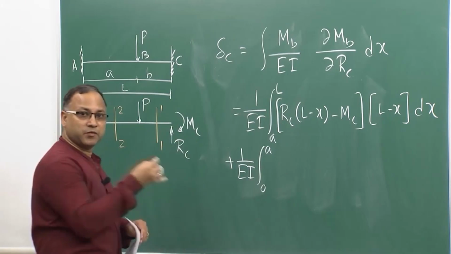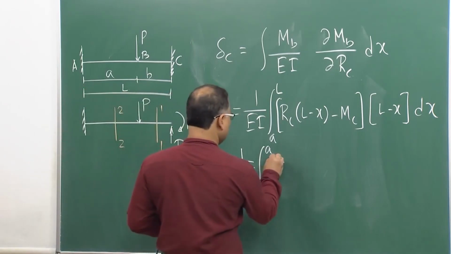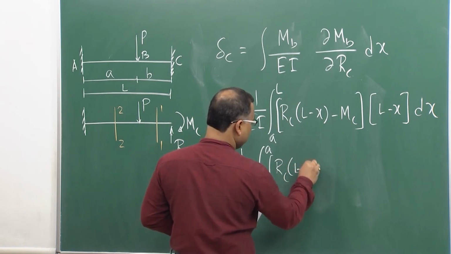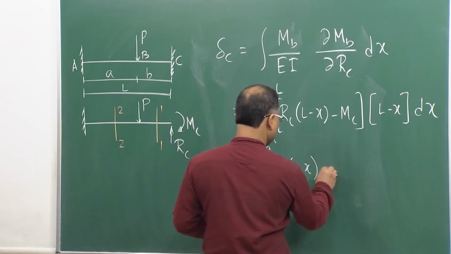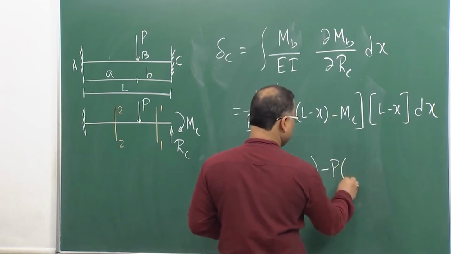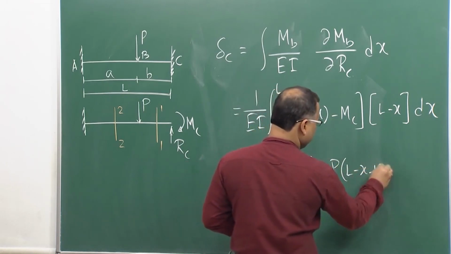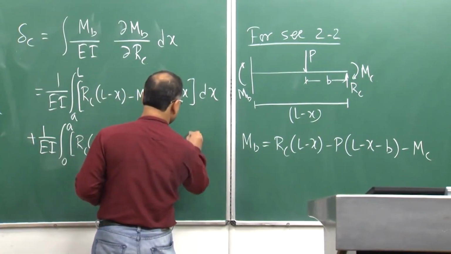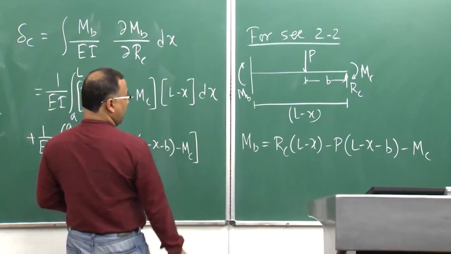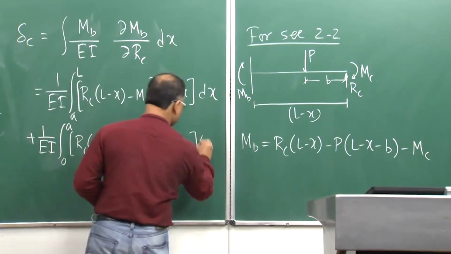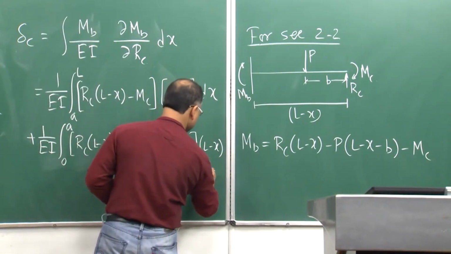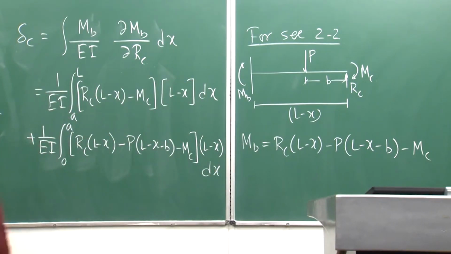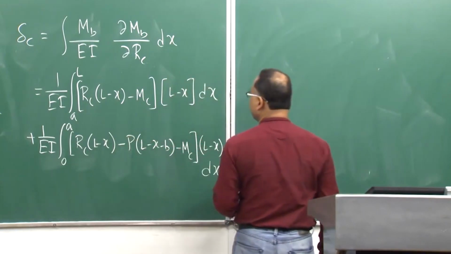Now, this is coming from section 2, RC into L minus x minus P into L minus x minus b, minus MC, and del MB del RC is simply L minus x into dx.